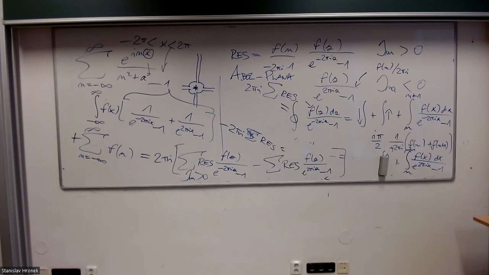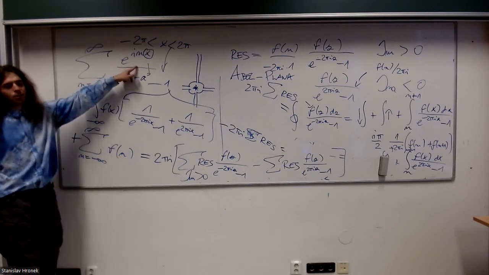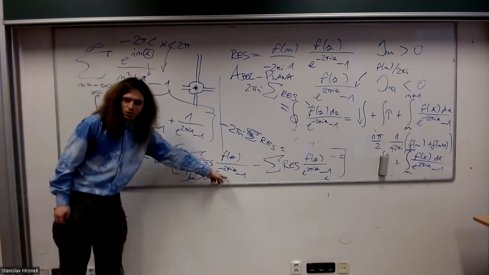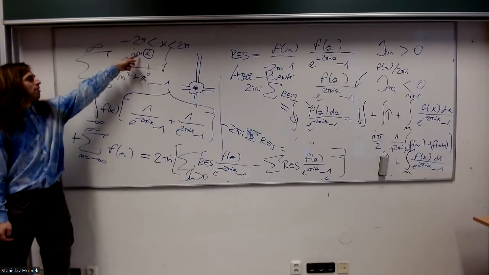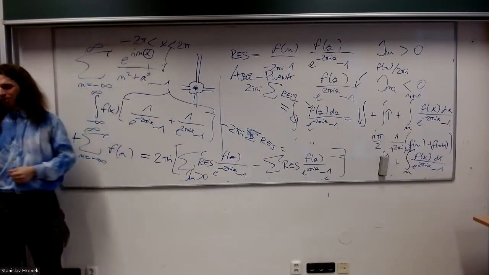Here you can plug in any function into this formula. So even like the previous one as well. Well, here you must plug in a function that doesn't grow too fast. So if there's an exponential, the exponent needs to be between minus 2 pi and plus 2 pi.